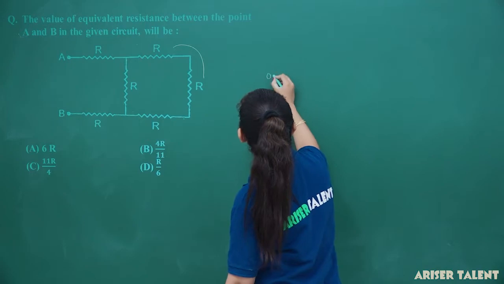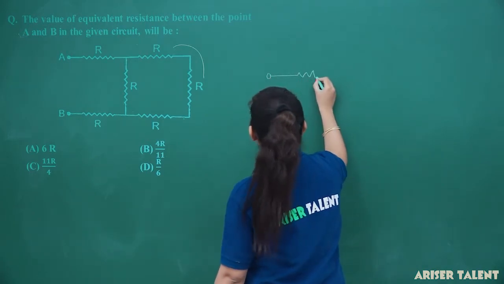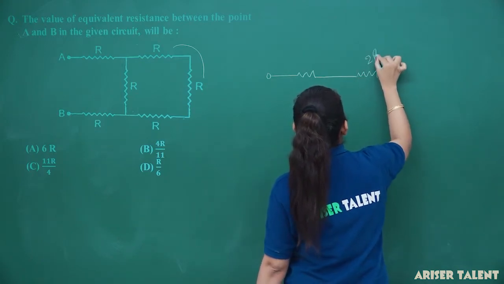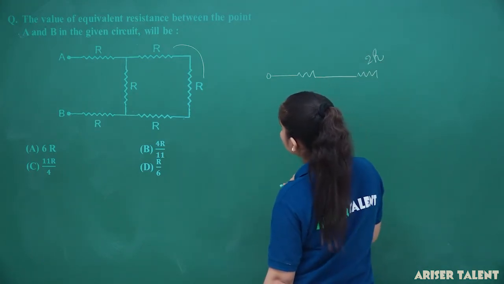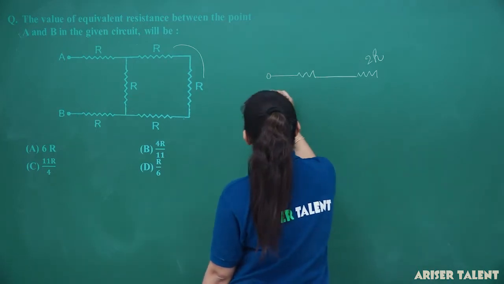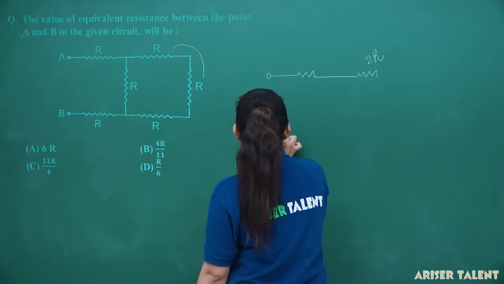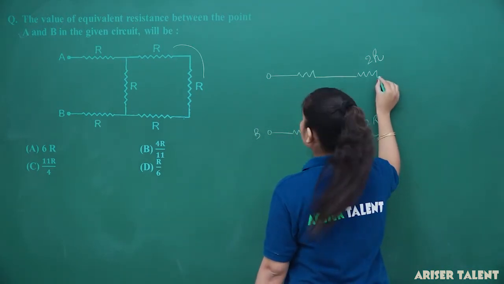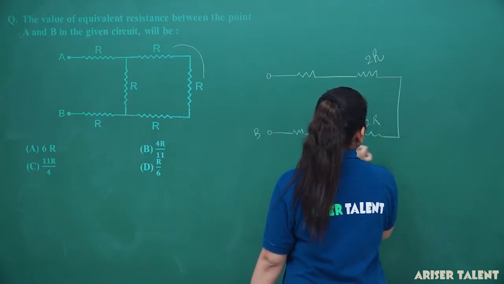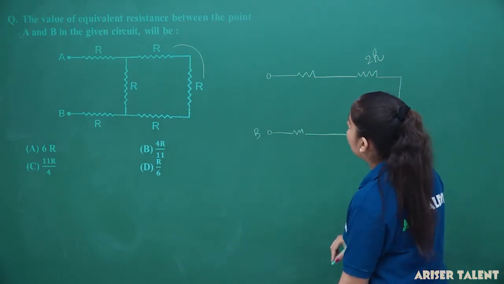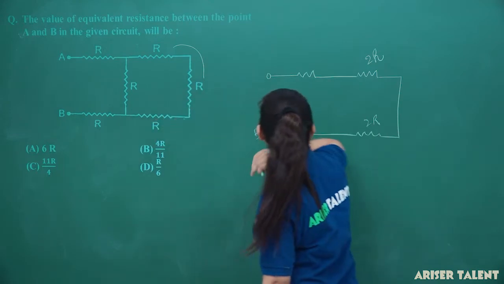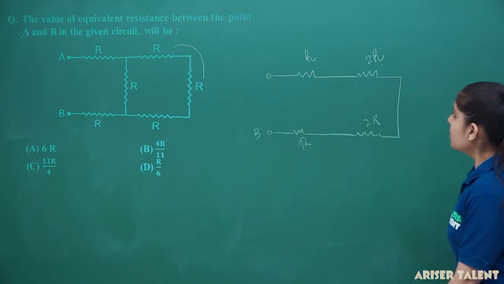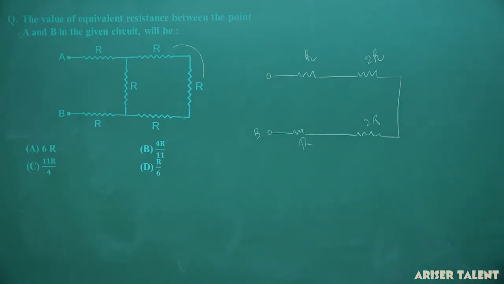I can redraw the circuit as this 2R, and this is our point B, and one resistance will be connected here, which is again equal to 2R. So this is the system I am getting here, and this will be R plus R and this will be R plus R, and this is again our R and this is again our R. Now this is the combination I am getting from here.